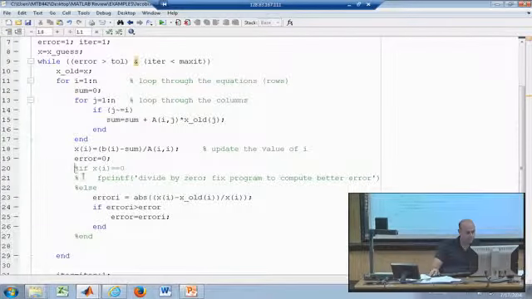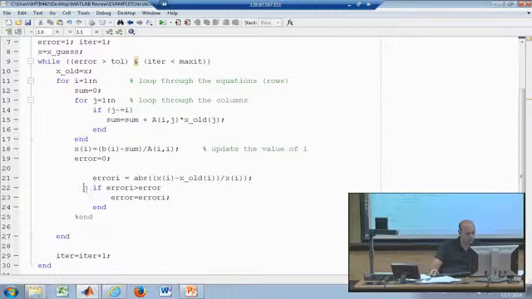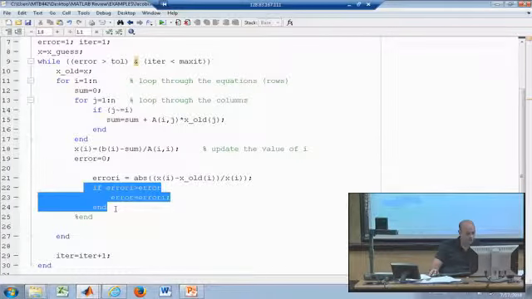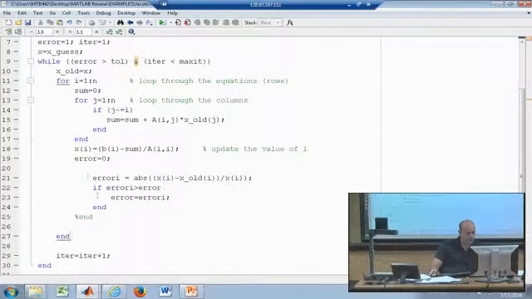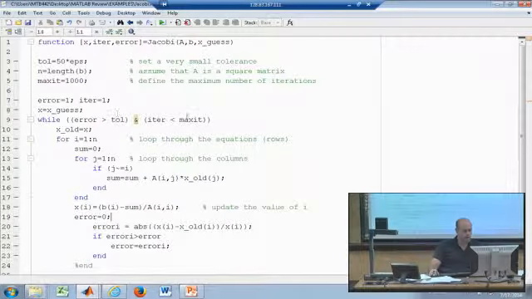I did some things over here that I didn't necessarily need to do, but basically it's exactly what we had written down on my little Word doc. And here's an example where I said max iterations is 1,000, and do while the error is greater than tolerance and iterations is less than max it.